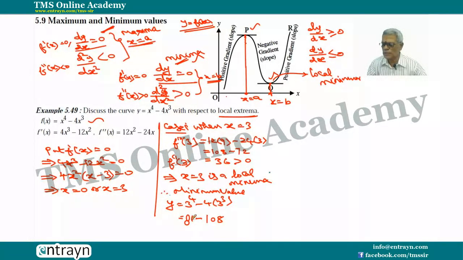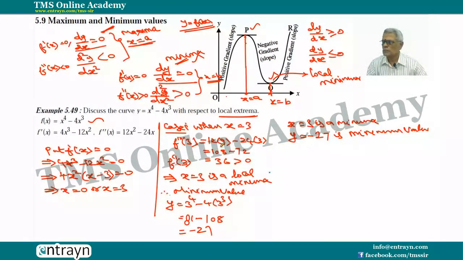So 108 minus 81 is minus 27. So x is equal to 3 is a minima, and y is equal to minus 27 is the minimum value. Clear, my dear students?